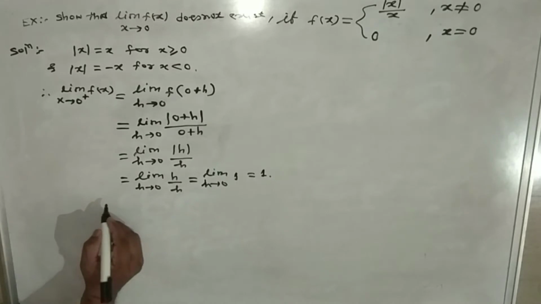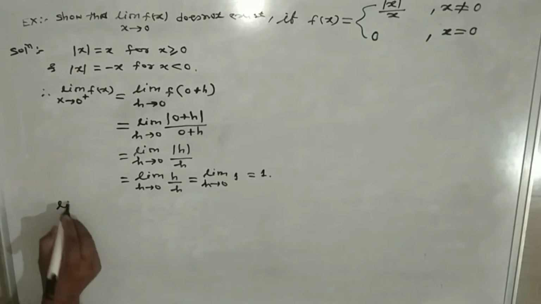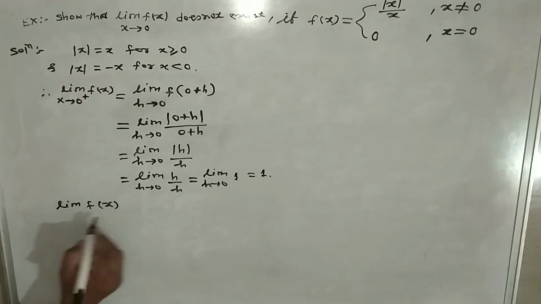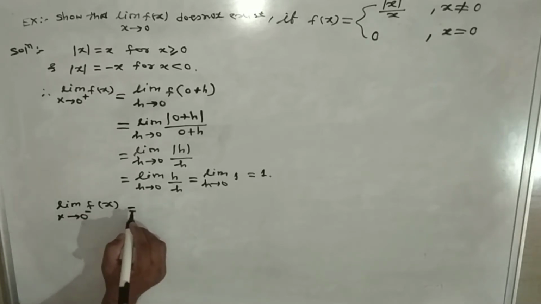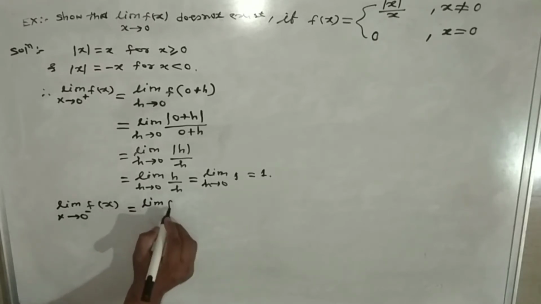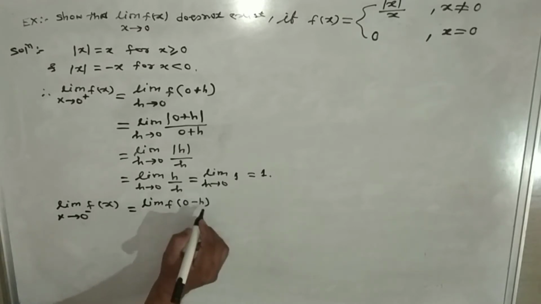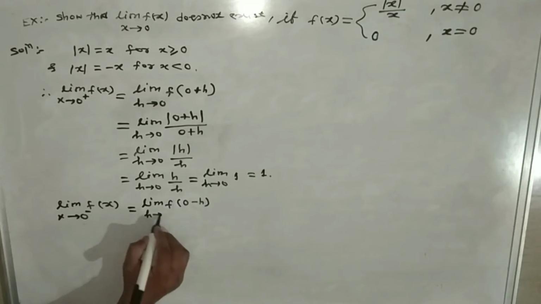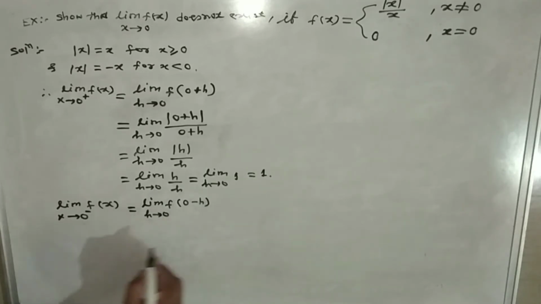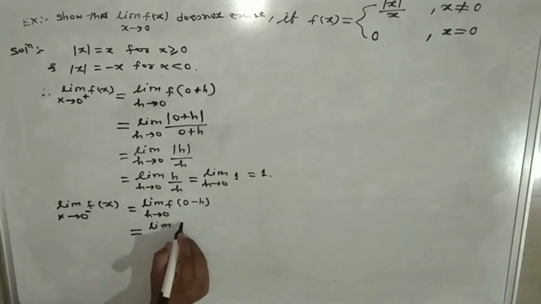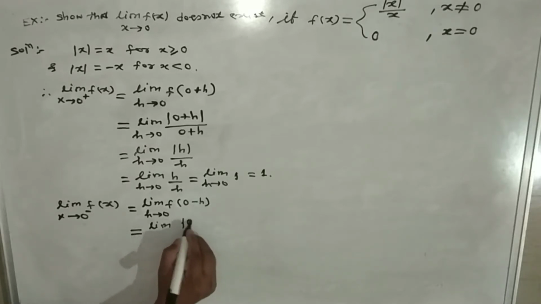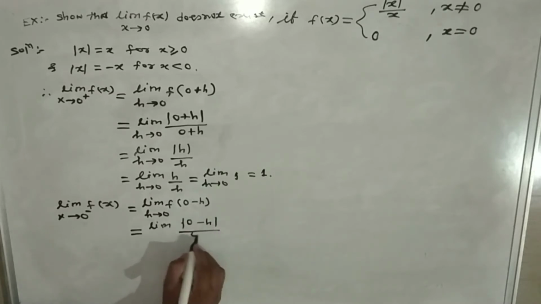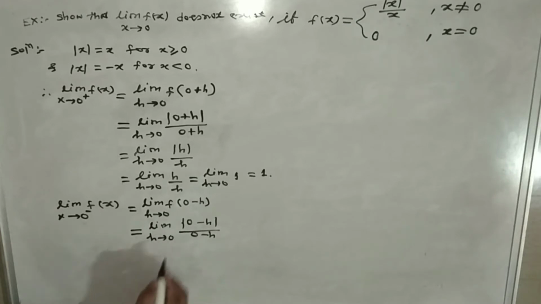Now what is the left hand limit? Similarly, the left hand limit of a function f of x as x tends to 0 minus can be written as limit of f of 0 minus h as h tends to 0, and therefore this is equal to limit of mod of 0 minus h divided by 0 minus h as h tends to 0.